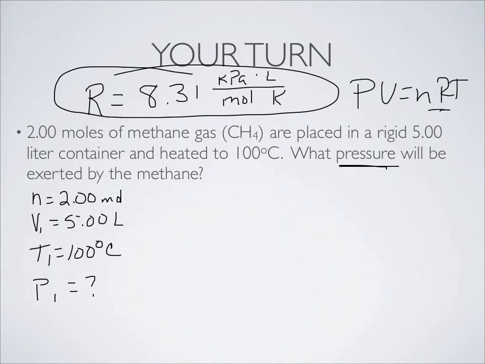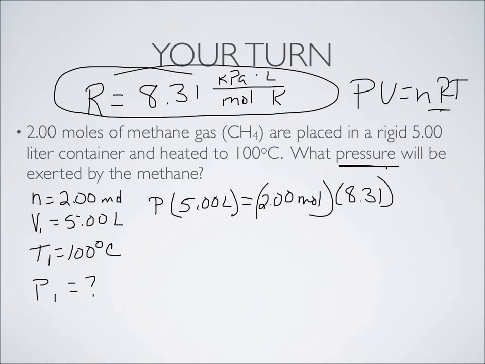Pressure we don't know. Volume is 5.0 liters. N is 2.0 moles. R is 8.31. And our temperature, remember, convert to Kelvin, so it's 373 K.